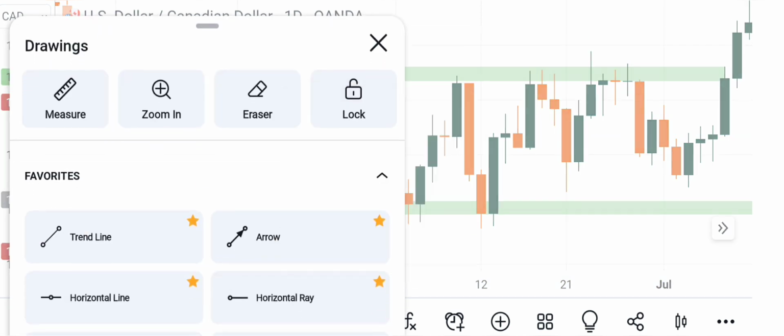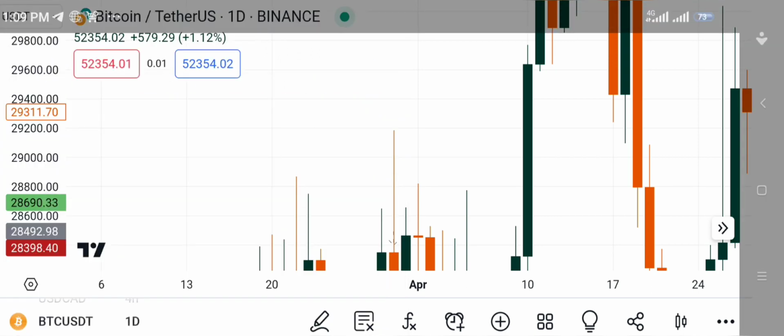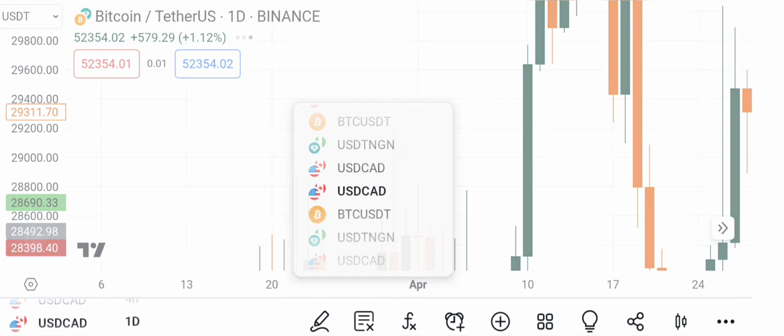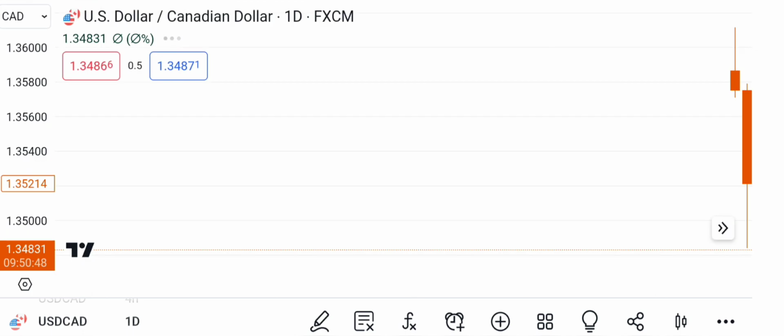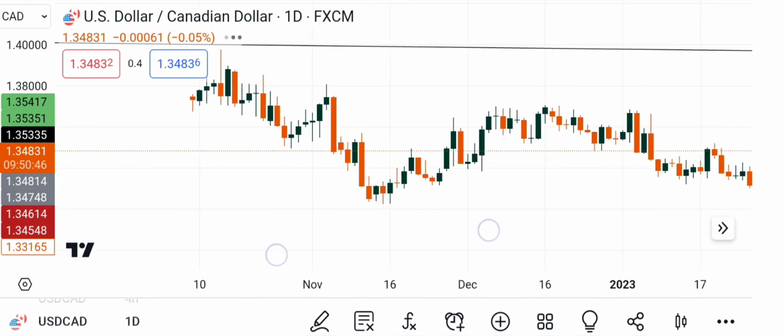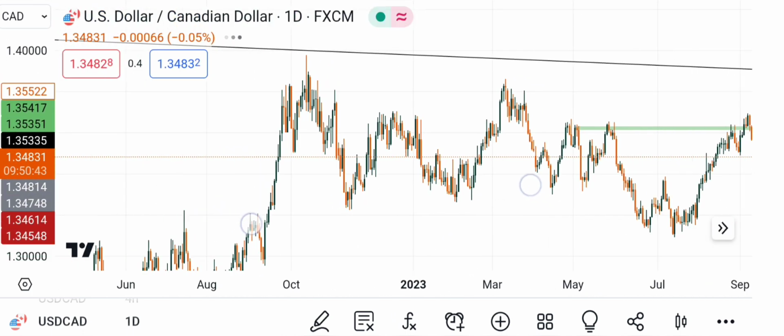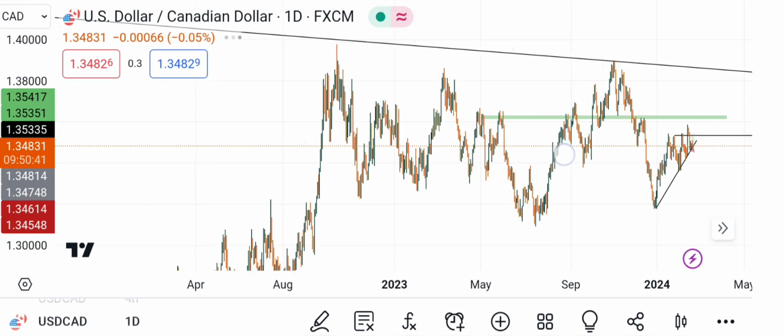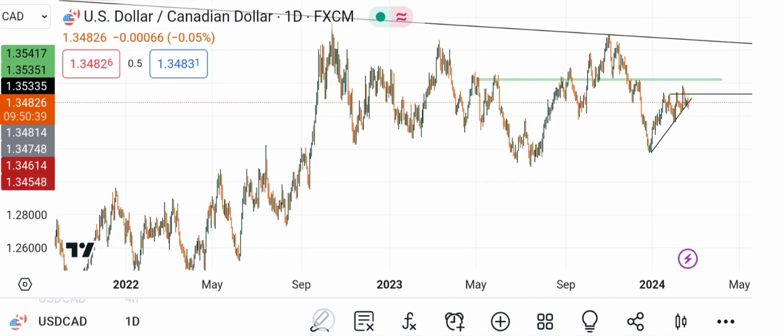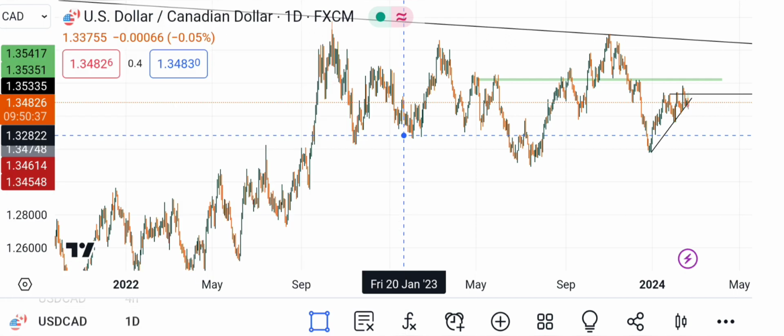I think I've changed the market mistakenly. Let's go back to USD CAD again. Okay, look at the bigger picture now. From here we can see that we even have a bigger ranging market in the daily time frame.